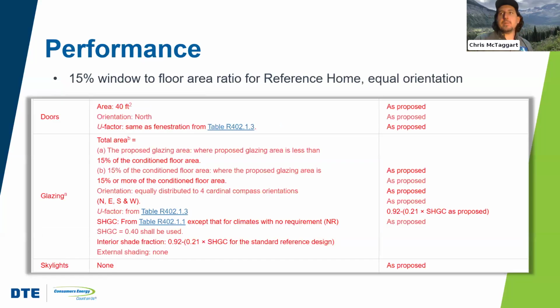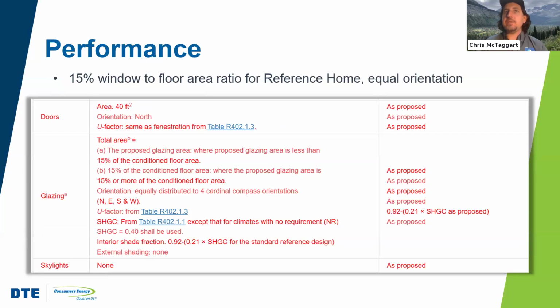If you get into doing performance code, as many homes do in Michigan, there's no regulation on the amount of windows or what U or SHGC you have to use, but it's useful to understand that the reference home has 15% window to floor area ratio, basically, or equal to that of the proposed home.